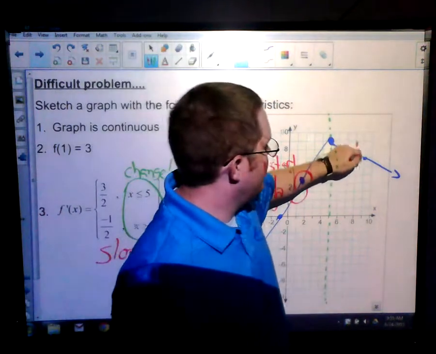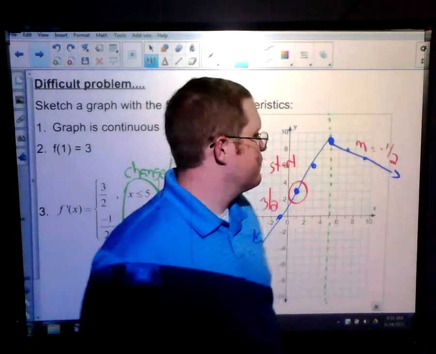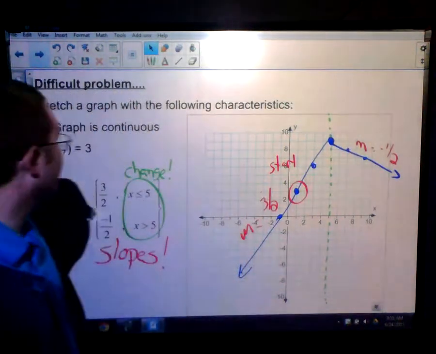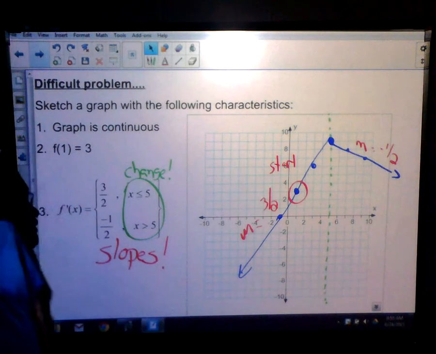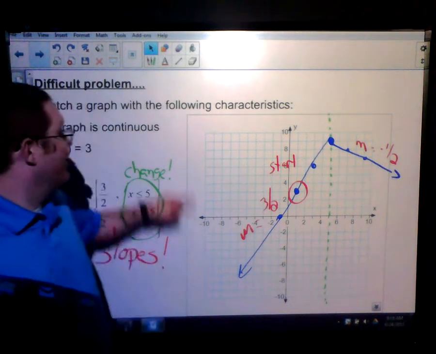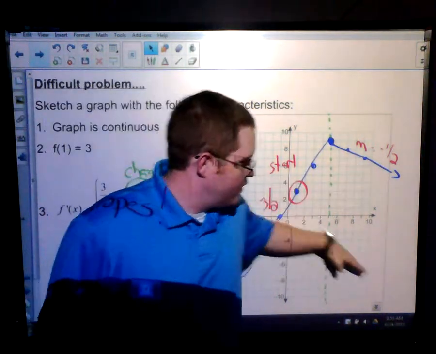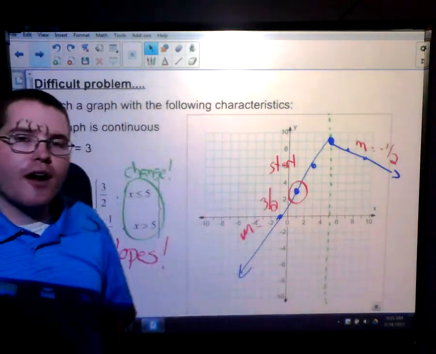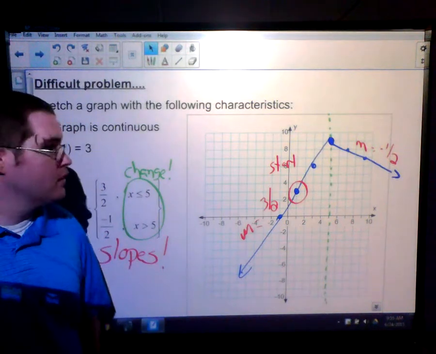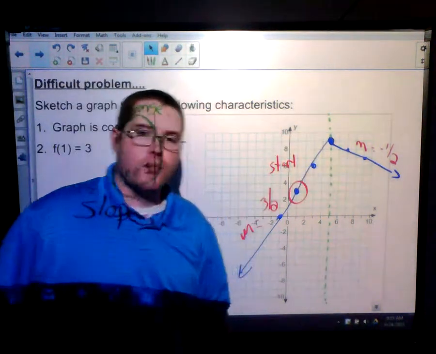This slope is -1/2. Now the one thing we didn't talk about is, is the graph continuous? It sure is. If I did not have this rule right here, I could have this line here, and then I could have this part down here like this. But because the graph has to be continuous, I can just keep going from the point that I stopped at.